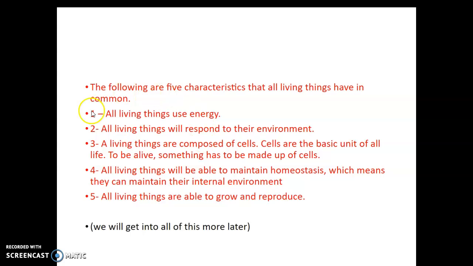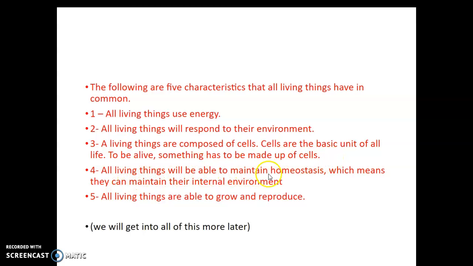So there are five characteristics that all living things have in common. All living things use energy. All living things will respond to their environment. Living things are composed of cells. Cells are the basic units of all life, and to be alive, something has to be made up of cells.